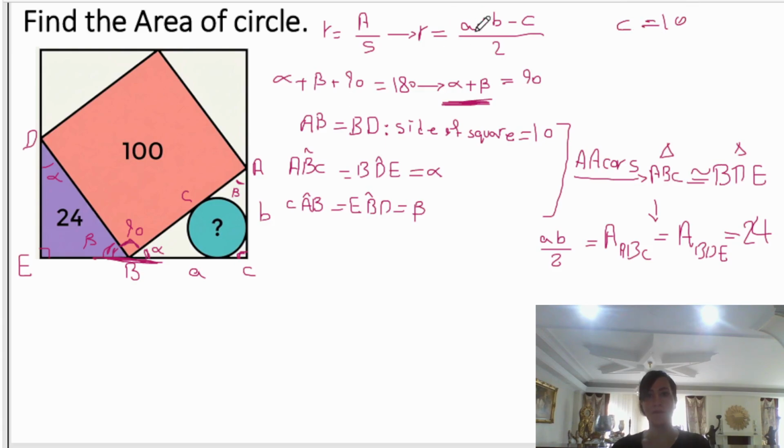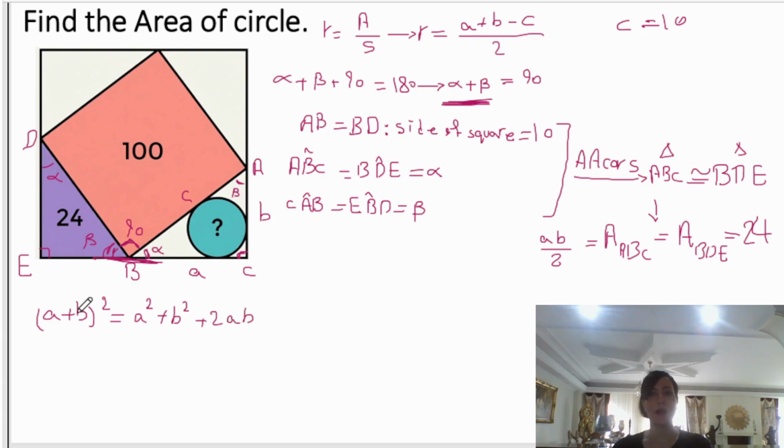What am I going to find? I am going to find a plus b. I try to write a plus b to the power of 2 gives me a to the power of 2 plus b to the power of 2 plus 2ab.